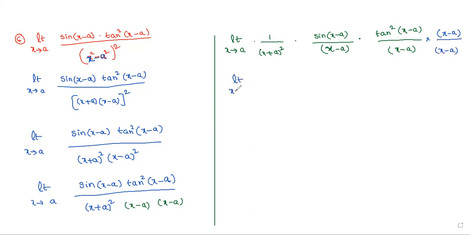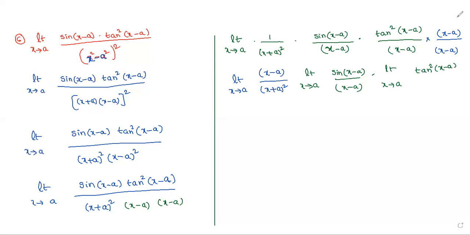Limit x tends to a, I will write (x − a) by (x + a) whole square, into limit x tends to a, sine of (x − a) by (x − a), into limit x tends to a, tan square of (x − a). Transposing the first term, 1 into (x − a), here tan square by (x − a) whole square.